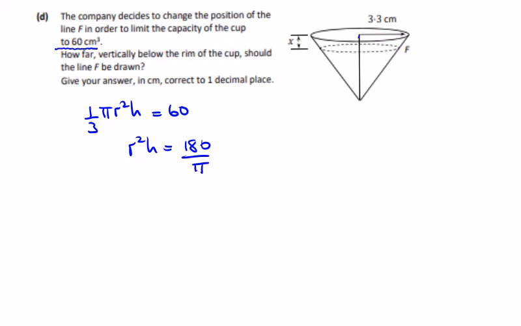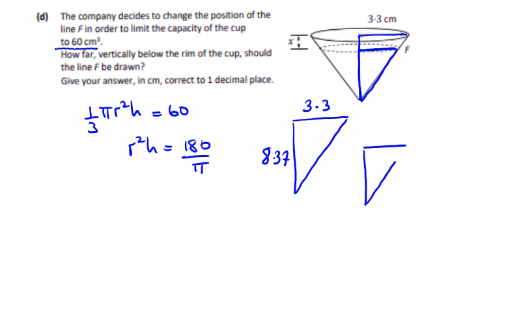So we are looking again at similar triangles here, because with the second triangle here, I have my big one, my 3.3 and my 8.37. And in my smaller one now, I don't have any information. I have the radius and the height.